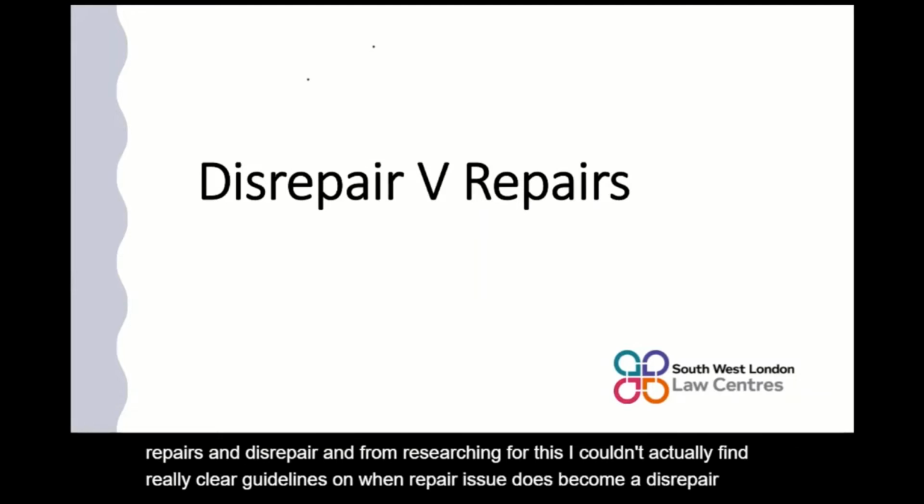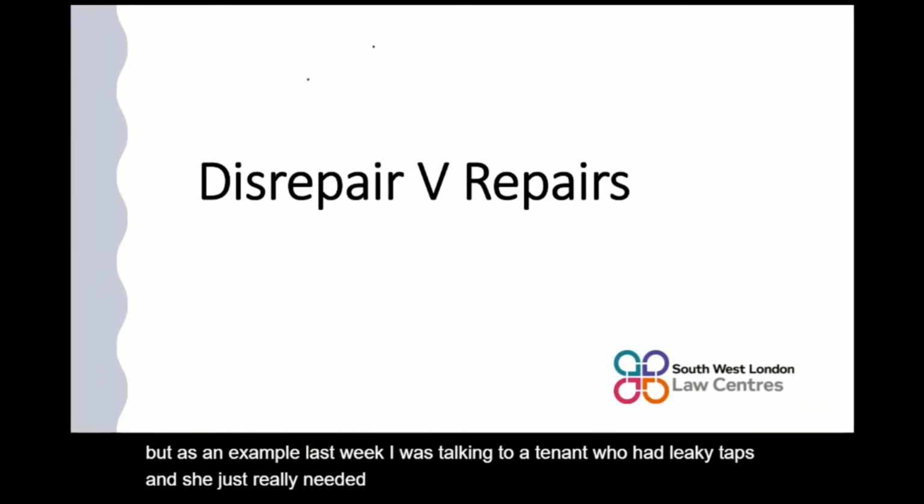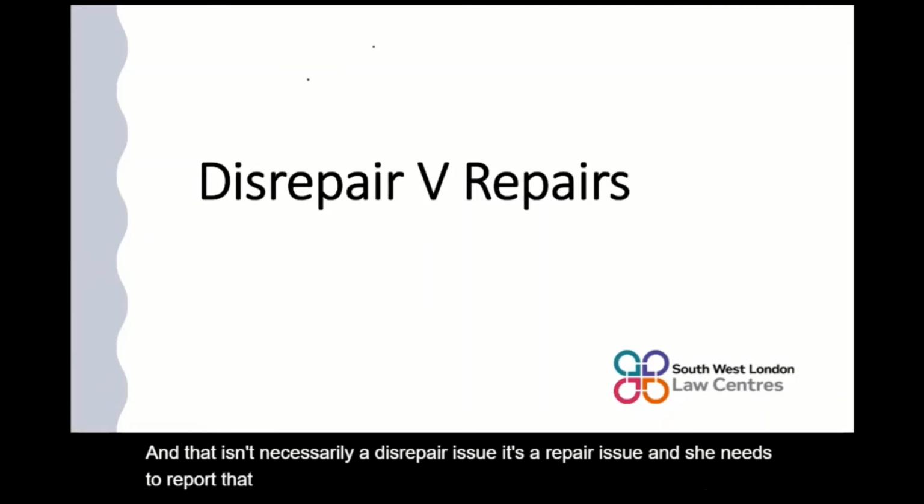But as an example, last week I was talking to a tenant who had leaky taps, and she just really needed her leaky taps to be fixed. That isn't necessarily a disrepair issue, it's a repair issue, and she needs to report that as a repair.